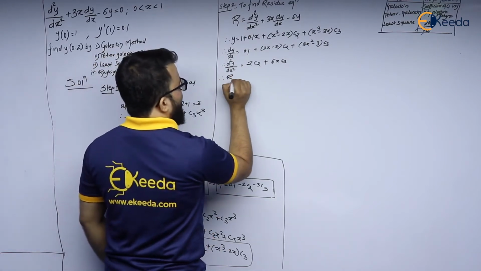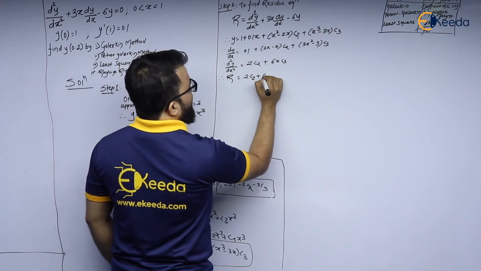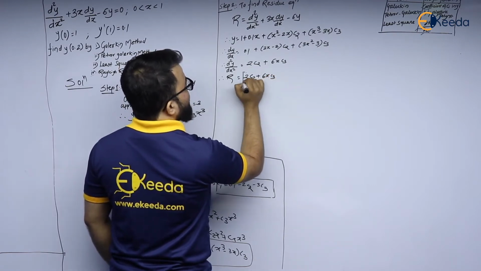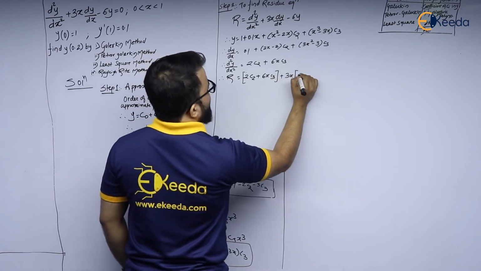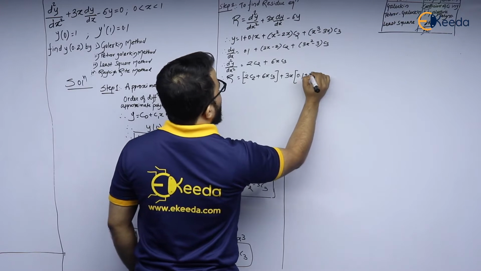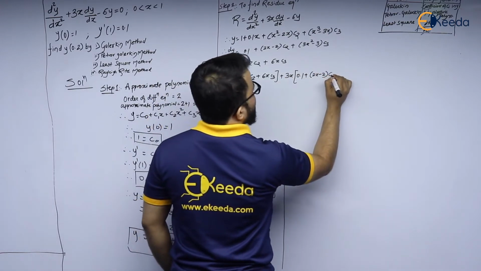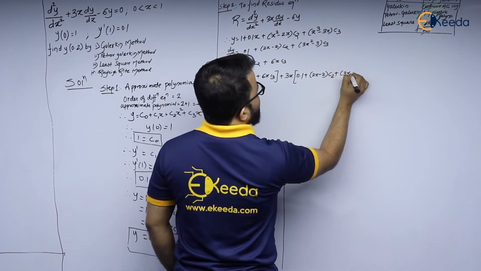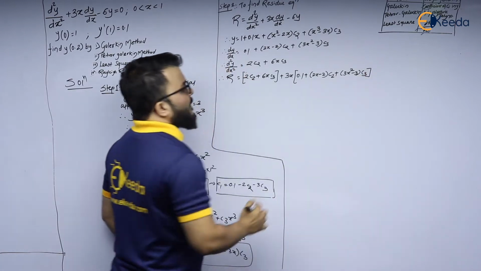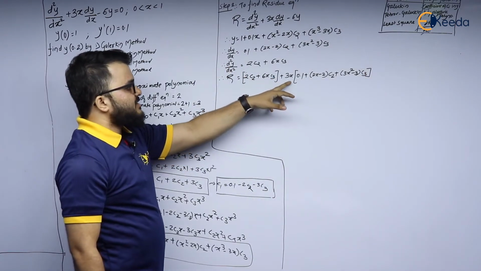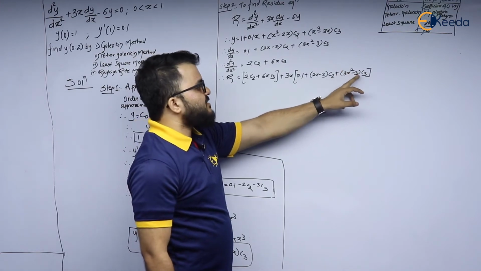So R equals 2c2 plus 6x c3 plus 3x into 0.1 plus (2x minus 2) c2 plus (3x square minus 3) into c3.